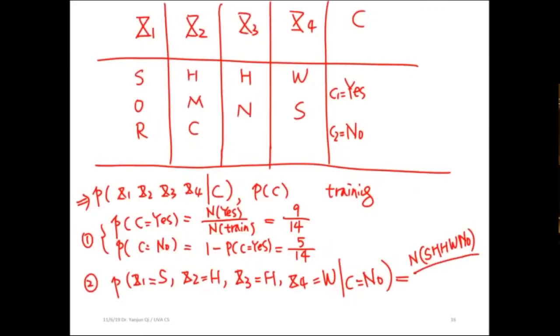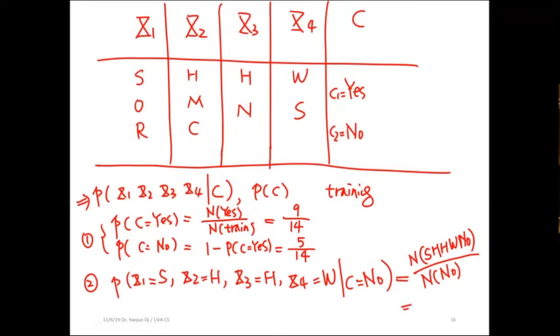How do you get this probability? We're assuming this is also a multinoulli, a discrete random variable. This combination is a discrete random combination, conditioned on C equal to no, which means my denominator is the number of times no, which is 5.